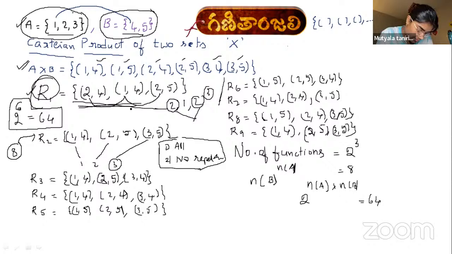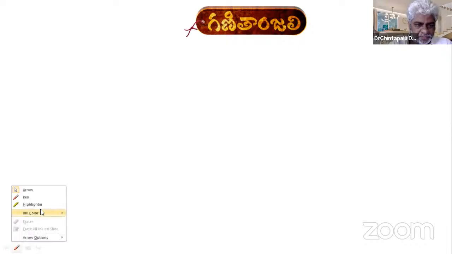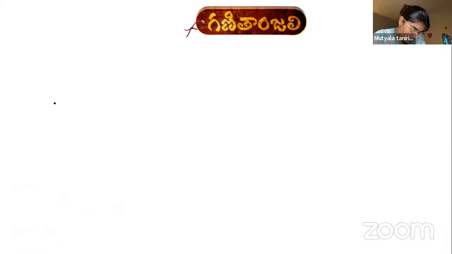Among those 64 relations, 8 are functions also. Out of those 64 relations, tell one relation.